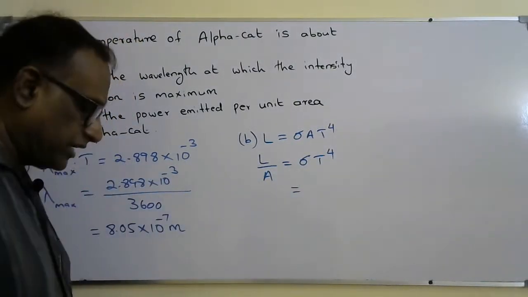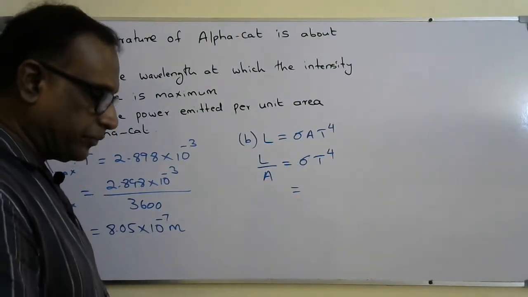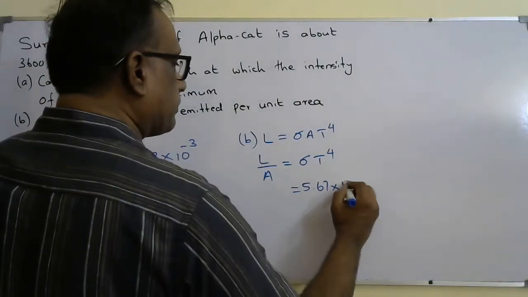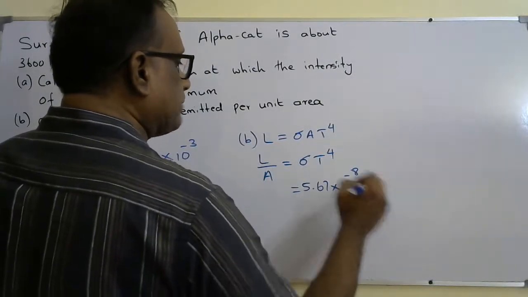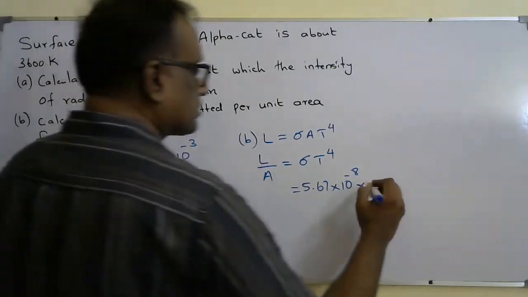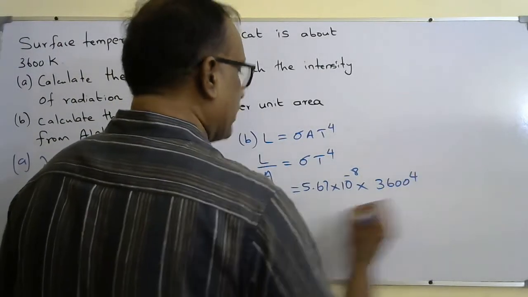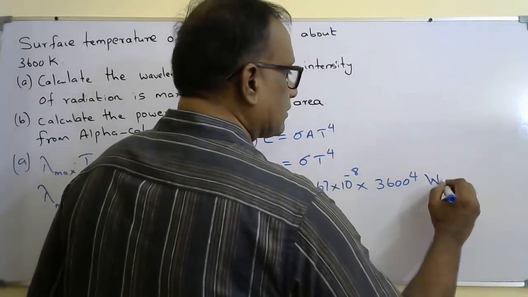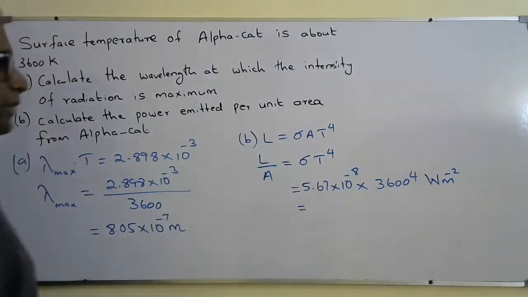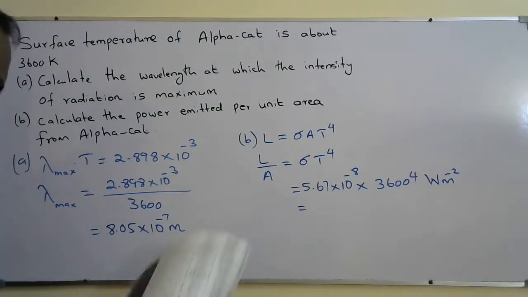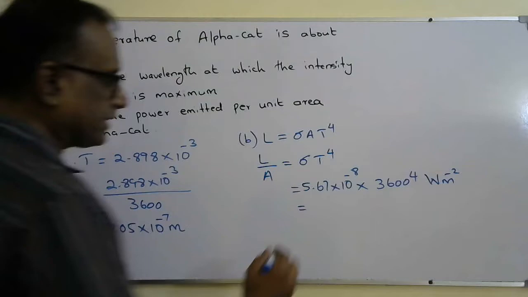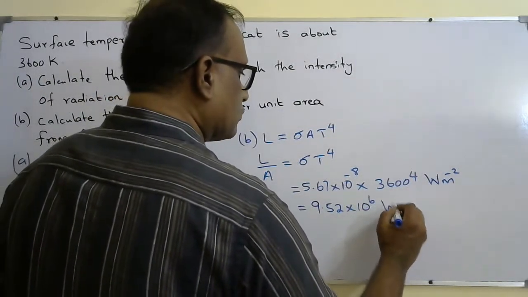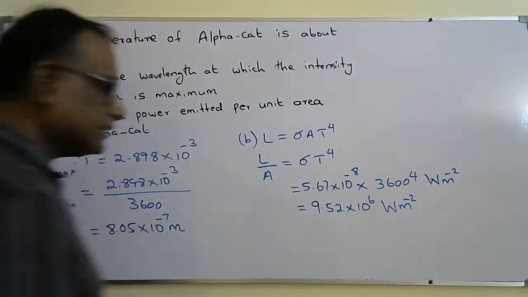We know sigma, the Stefan-Boltzmann constant, is 5.67 × 10^-8, times the temperature 3600 to the power 4. So this many watts per meter squared. Solve it and you will get 9.52 × 10^6 watts per meter squared.